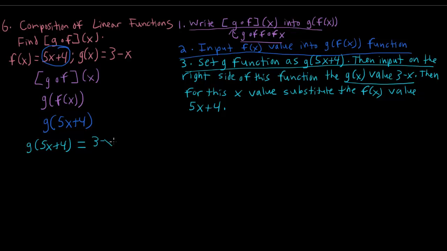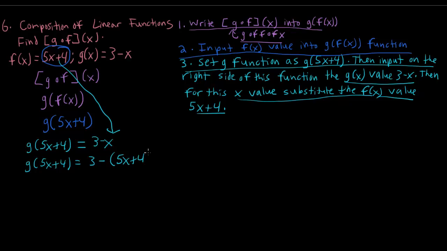But then what we need to do is, for the x value, substitute the f of x value 5x plus 4. So this value right here, 5x plus 4, we have to substitute for this x value right here. So it'd be g of 5x plus 4 equals 3 minus, in parentheses, 5x plus 4.